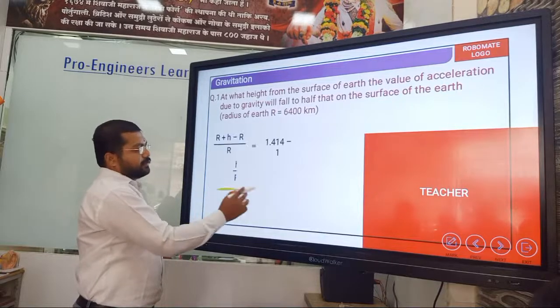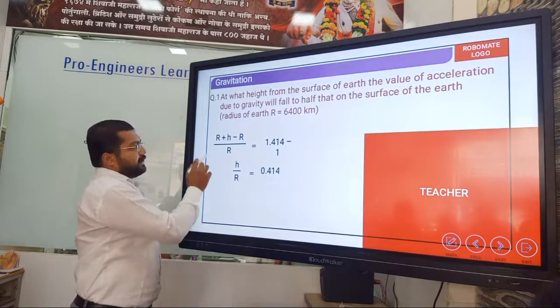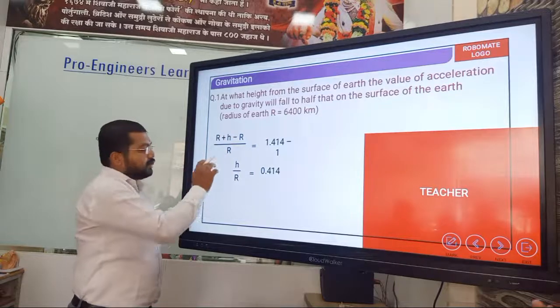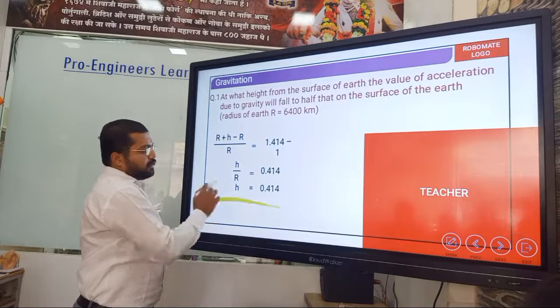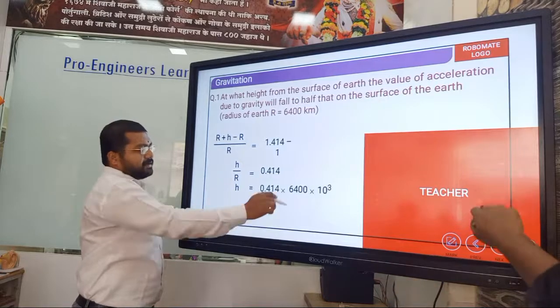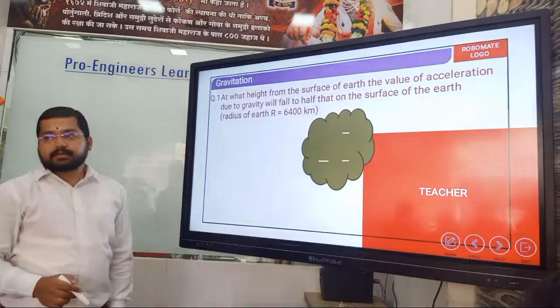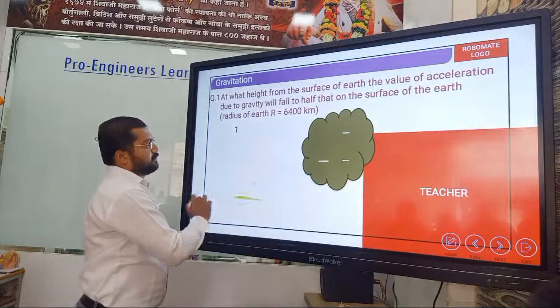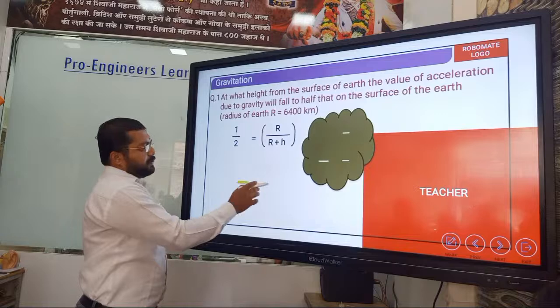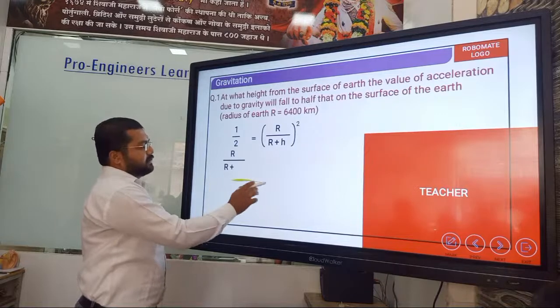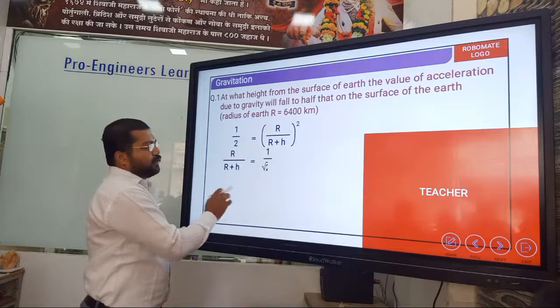Look carefully. In this, R and R cancel, only h upon R remains, here 0.414, so this R will get multiplied, right? I went a little back, so I'll quickly go ahead.